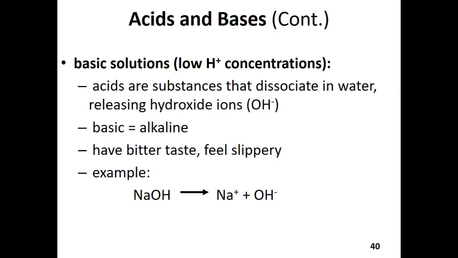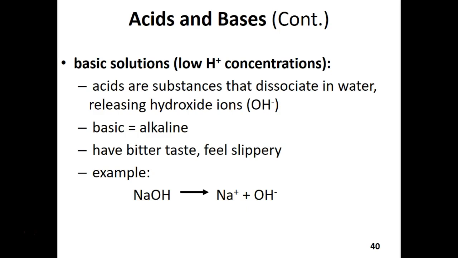Alkaline substances or basic substances are substances that take in hydrogen ions. So anything that has a lot of hydroxide with it is going to be a good alkaline substance, and it's going to take in more hydrogen.